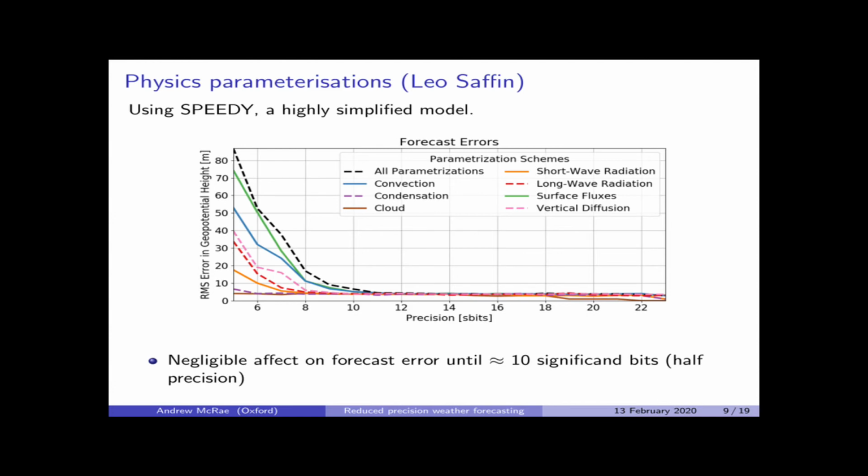So here are a bunch of different physics parameterizations, so convection, radiation, et cetera, and he's looked at reducing the number of significand bits in these different schemes individually and doing the calculations at reduced precision. So 23 significand bits is already single precision, 10 significand bits is half precision, and you can see that you can reduce the precision of these calculations nearly all the way to 10 bits or so before you see any increase in the forecast error.